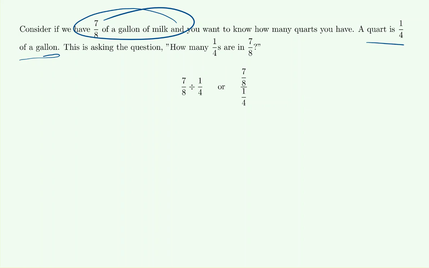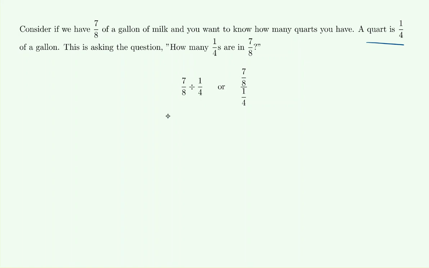So we've kind of got that estimation in our mind, but if we wanted to find the answer exactly, what this is asking us is how many 1/4 as a fraction are in the fraction 7/8, which is the phrasing of division. This is the same as 7/8 divided by 1/4, and as we talked about earlier, remember order of division matters. 1/2 is different than 2/1, so we'd really want to watch this order.